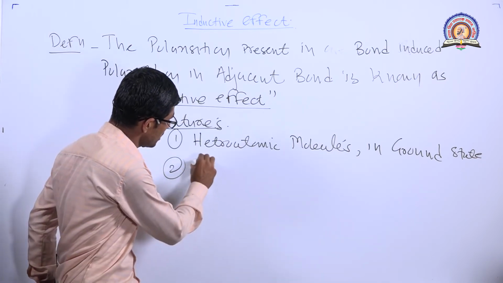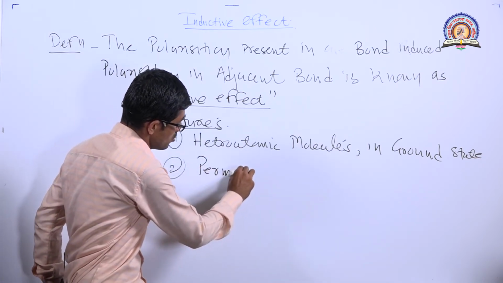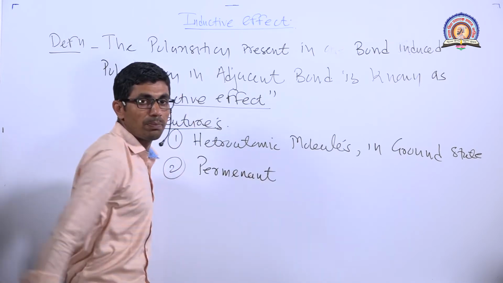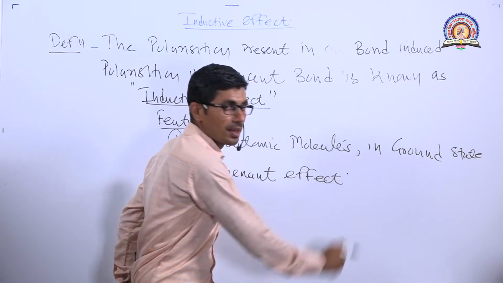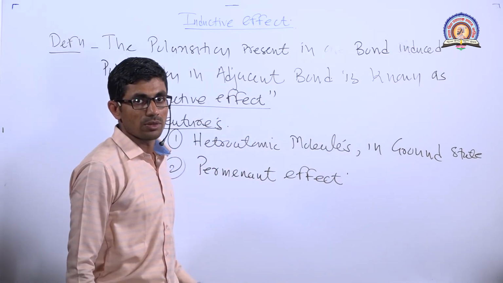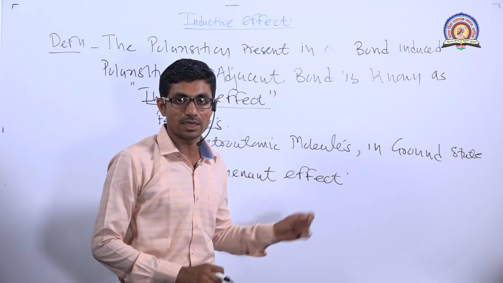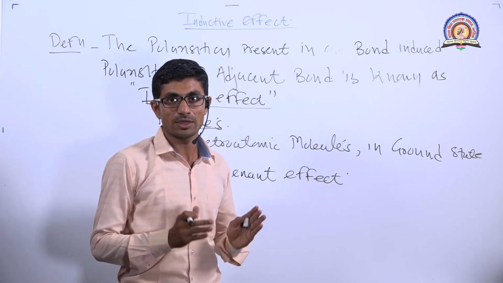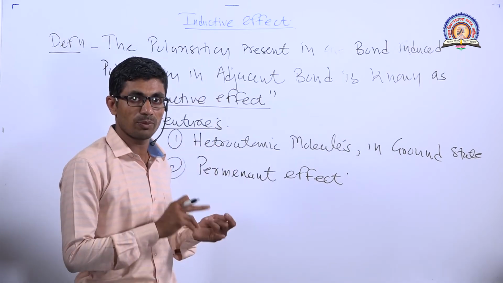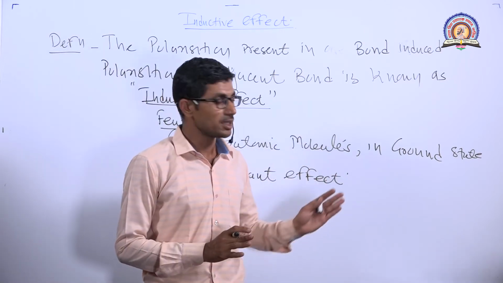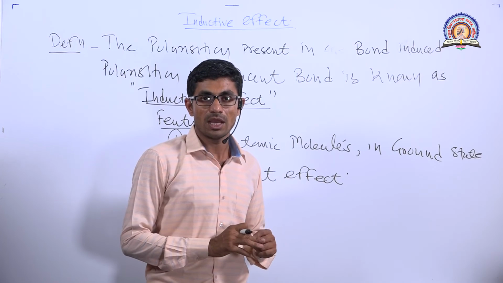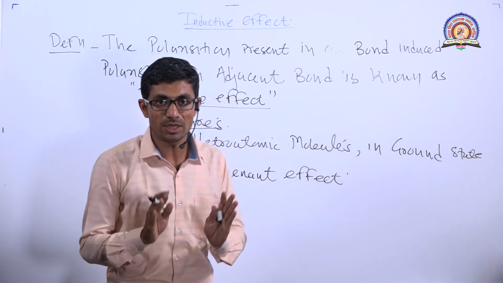Next is the permanent effect in the molecule. This is a permanent effect present in the organic molecule, and heteroatomic molecule means polar molecule. This effect is present in ground state, and the magnitude of this effect is very small.